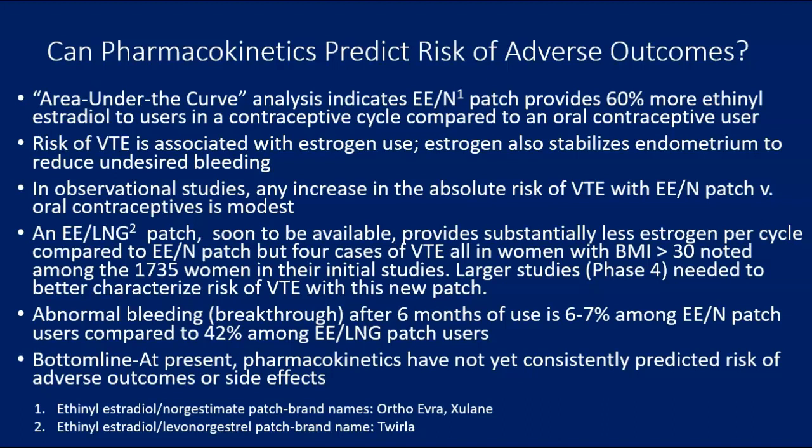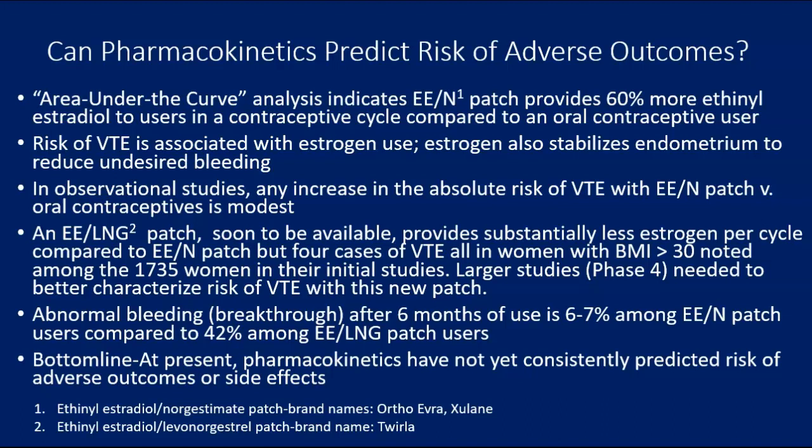But even with this much lower estrogen being delivered per cycle, in the original studies that led to approval of this drug, there were 4 cases of venous thromboembolism out of the 1,735 women studied. But these all occurred in women with BMIs greater than 30. So this may have been an effect that affects only obese women.